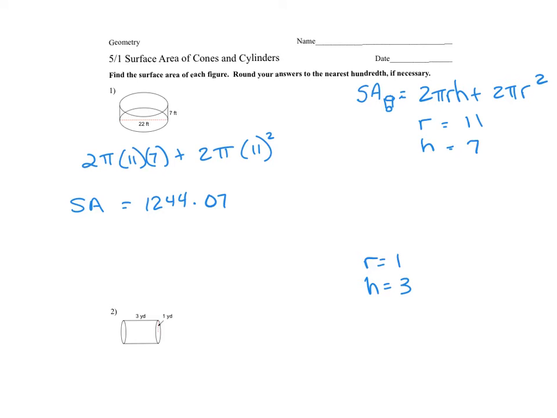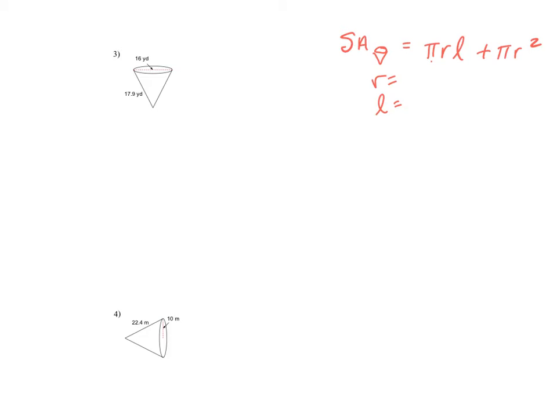So we put that in the formula, 2 pi, radius is 1, height is 3, plus 2 pi 1 squared. And the answer is 25.13.